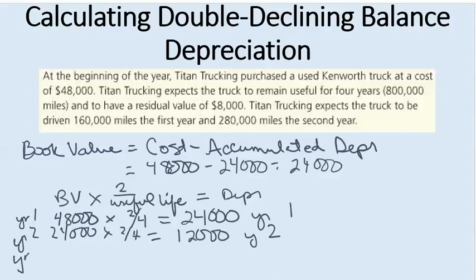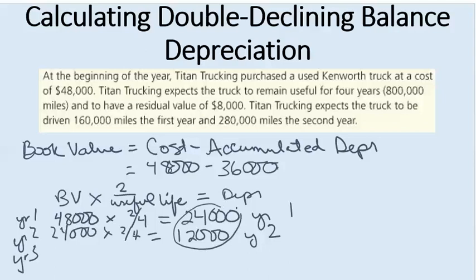And then in year 3, my book value will go down by another 12,000. So in year 3, my accumulated depreciation will have been 36,000, which is those added together. So 12,000 then is my book value times 2 over 4. And that will be 6,000, and so on and so forth.